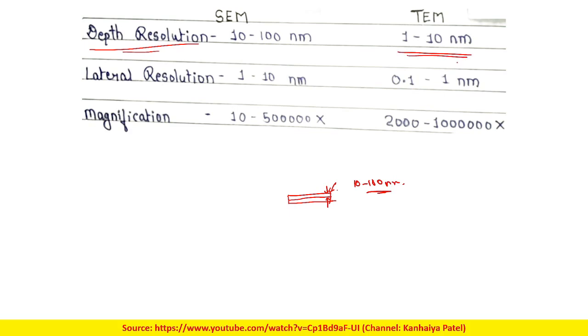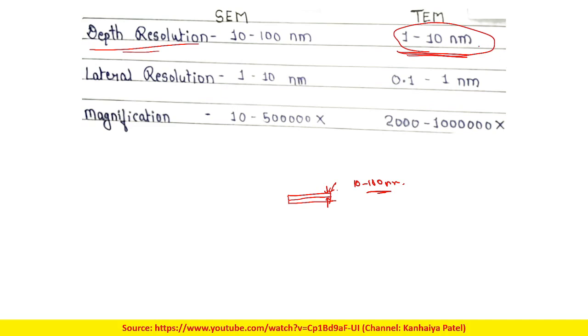Now you say, sir, but you said that in TEM the electron beam passes through, then how will it pass through the sample? That is the reason when we are going for the TEM analysis, the thickness of your sample should be in the order of this one.